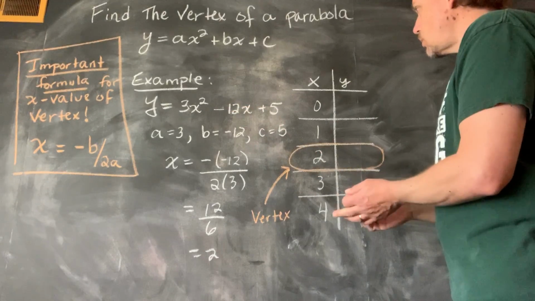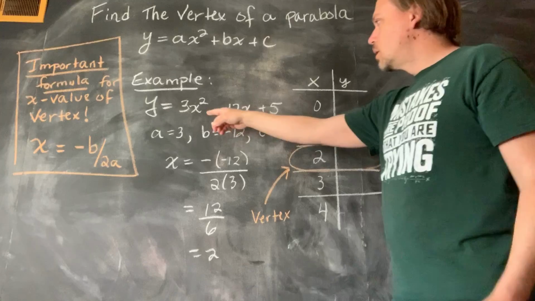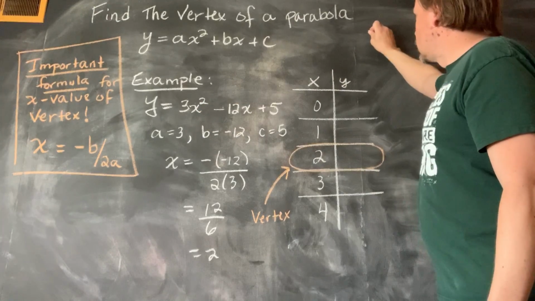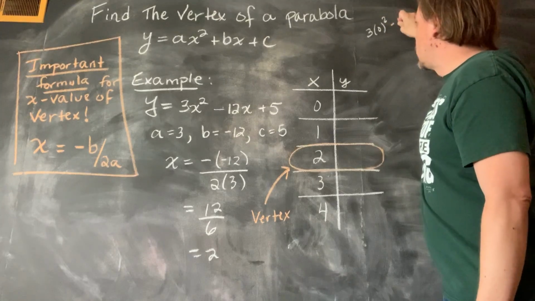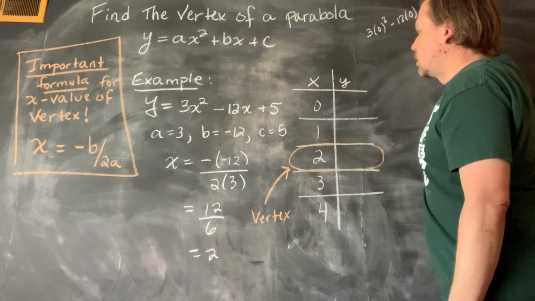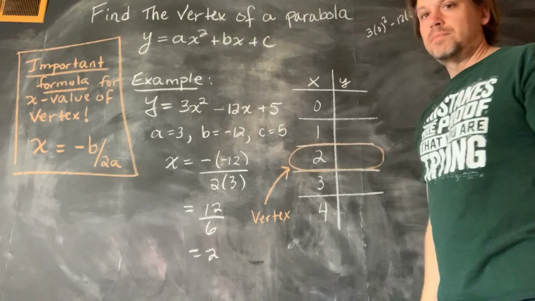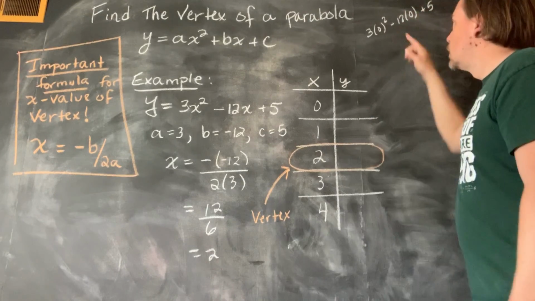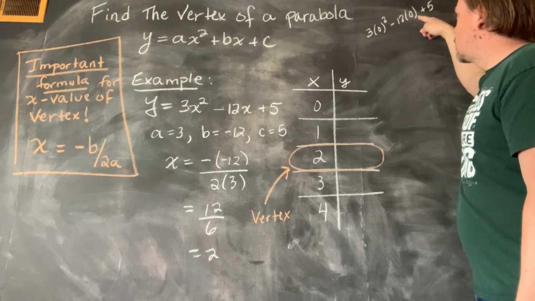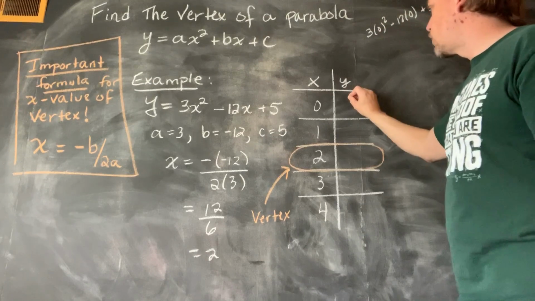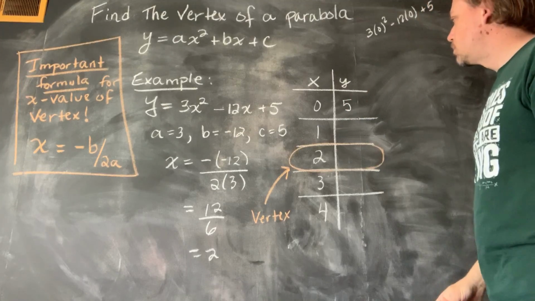So first I'll start with 0. 3 times 0 squared minus 12 times 0 plus 5. When I do that, I get 0 squared is 0 times 3 is 0, minus 12 times 0. That's all 0, and I just get a 5. So that's pretty convenient.